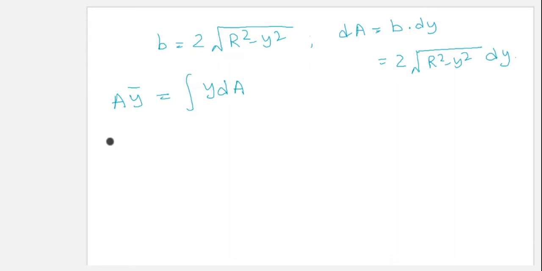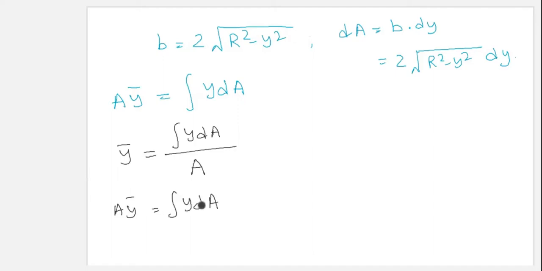If you want to find the centroidal distance from one axis, what is the process? Integration y dA by A. So this A Y dash, if we just take this A from here to here, is nothing but y into dA, that's integration.